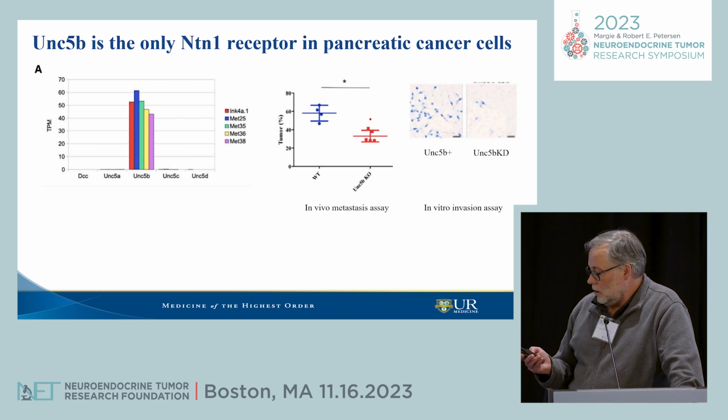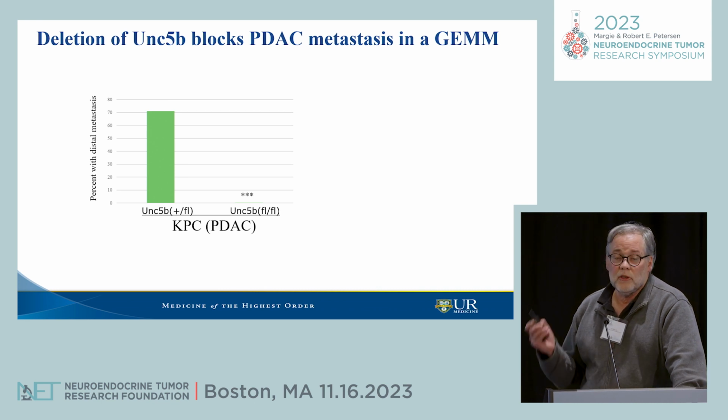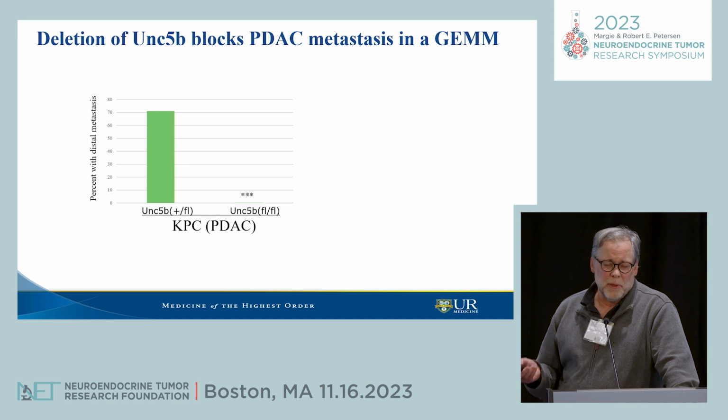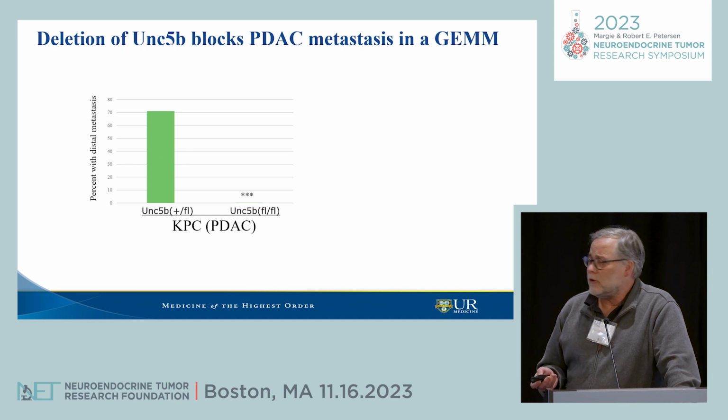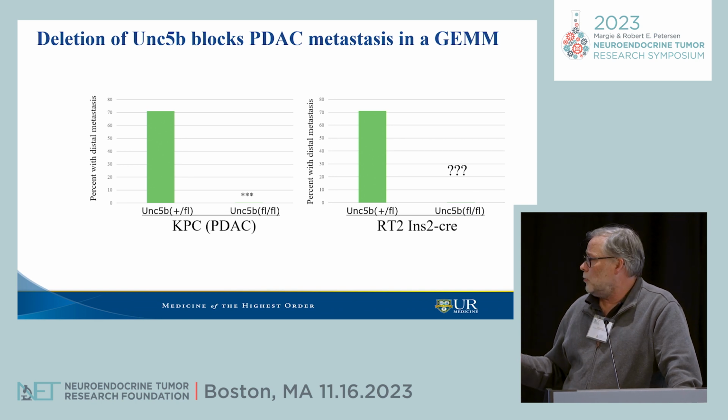Okay. So we've also done this in genetically engineered mouse models. This is KPC. It's the major mouse model. It's like the RipTag mouse model of adenocarcinomas. And when we get rid of UNC5B, there's no metastasis. It completely goes away. And we've never seen anything like this before, okay? You don't usually get a single gene that's gonna do this.